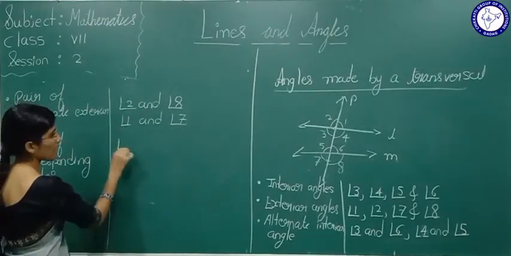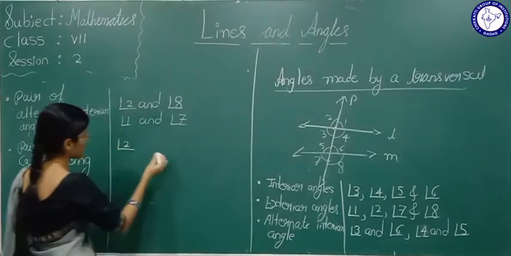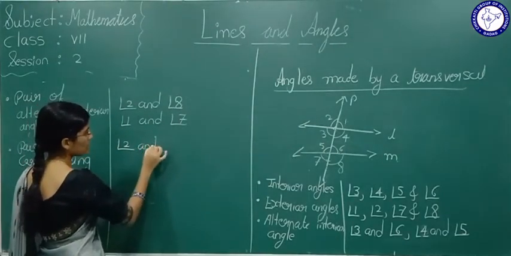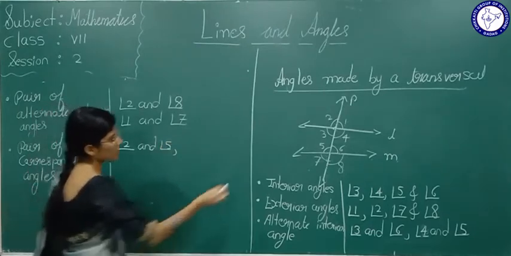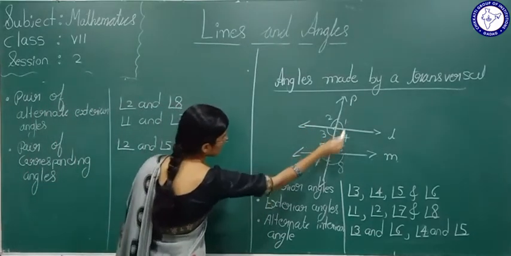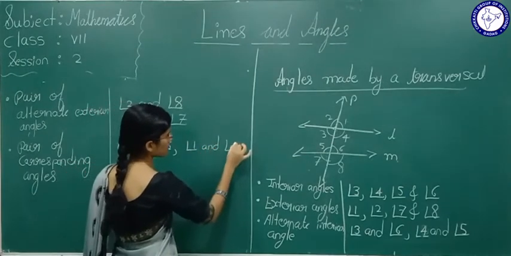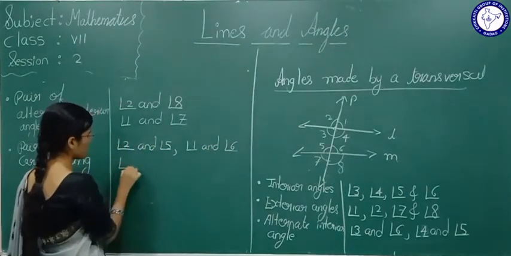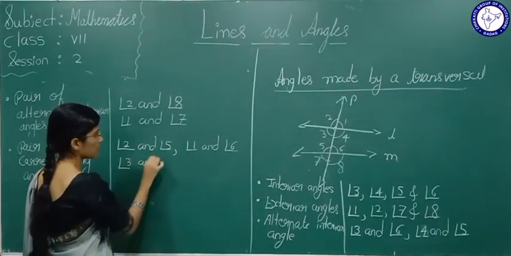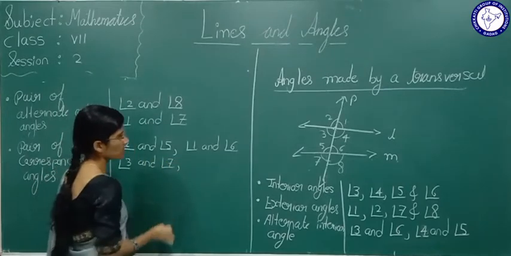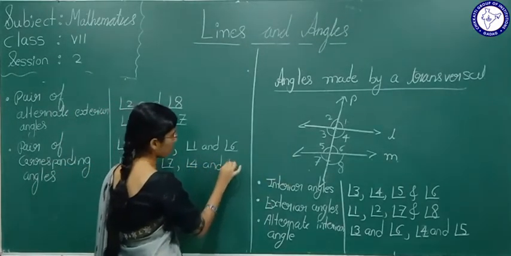Which are those? See here, angle 2, one exterior, one interior. Angle 2 and angle 5, angle 1 and angle 6, angle 3 and angle 7, angle 4 and angle 8.